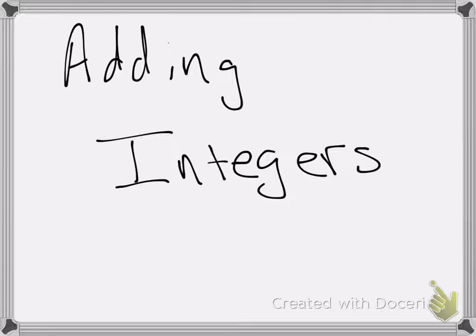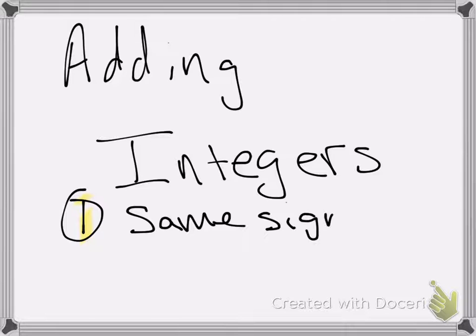What we briefly talked about, the reason why we need to know absolute value, is because when we add and subtract integers, we need to make sure that we know absolute value. Here is why. There are two rules for adding and subtracting. Same sign, add.